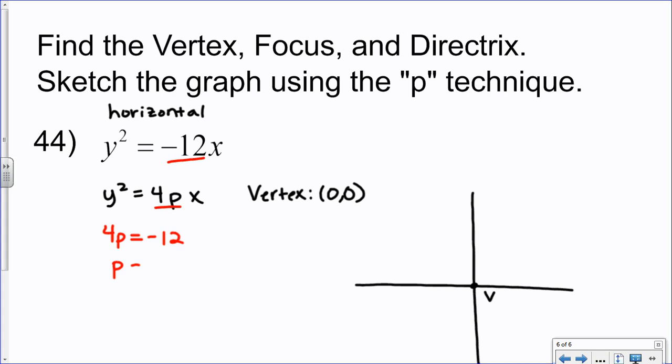So that tells me then that p is negative 3. So I needed to know p so I could find my focus and directrix. So since p is a negative, and this is horizontal, which way would this open? Left. So my focus will be left of my vertex, because that's going to be inside the parabola. So negative 3. Okay, so here's my focus.